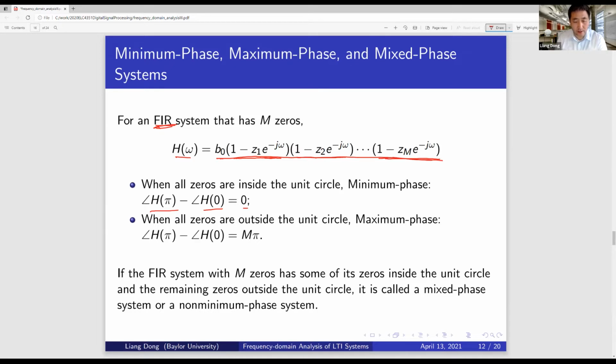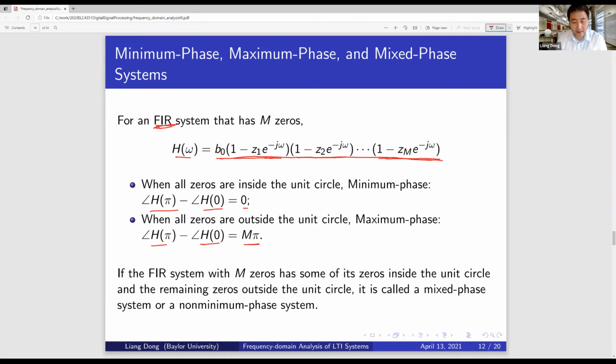When all zeros are outside a unit circle, we have a maximum phase system. Then the phase of the system at the frequency π subtract the phase of the filter at the frequency 0 is equal to mπ, because I have m zeros. So you count every one as a π. So eventually for the maximum phase system, this difference here is mπ.